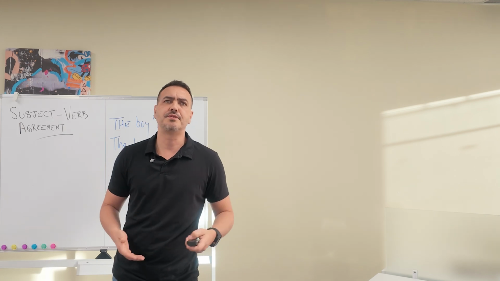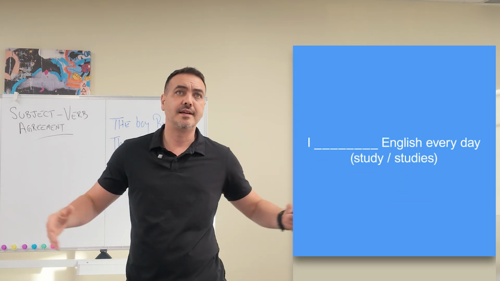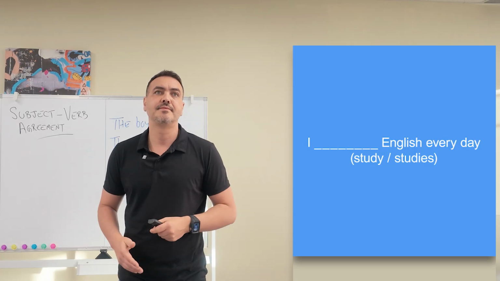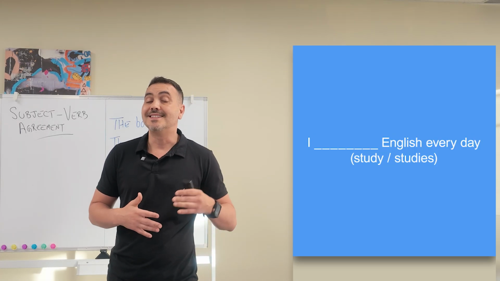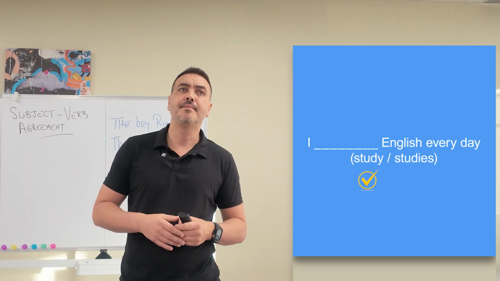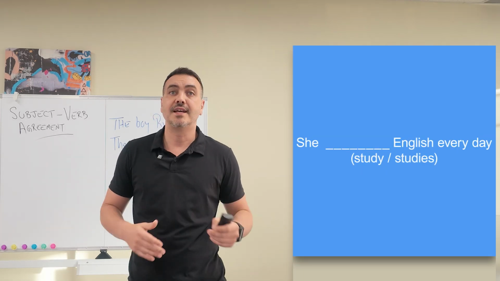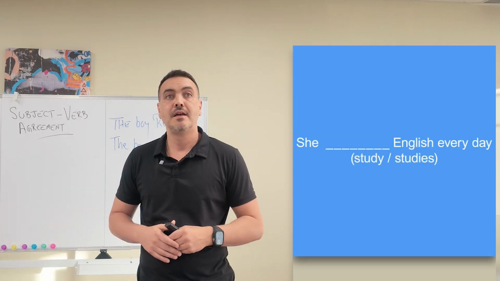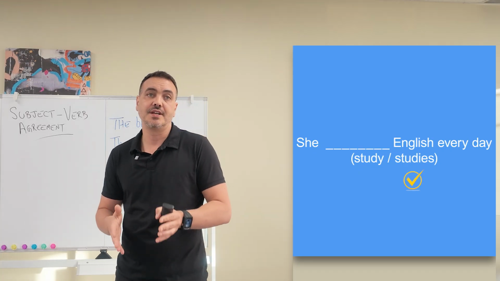Okay, I want you to choose the correct answer. I English every day. Okay? The answer is I study English every day. Okay? Now, she English every day. The correct answer here is she studies English every day.